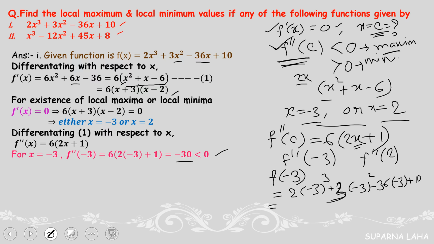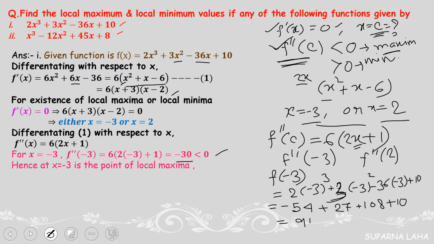Simplify it: first is minus 54, then 3 into 9, that is 27, and then 36 into 3, that is 108, plus 10. Simplify it and you will find the value is 91. So the local maximum value at x equal to minus 3 is given by 91.